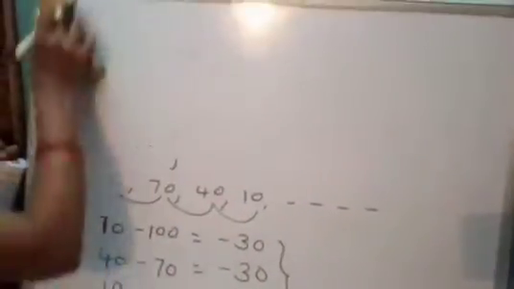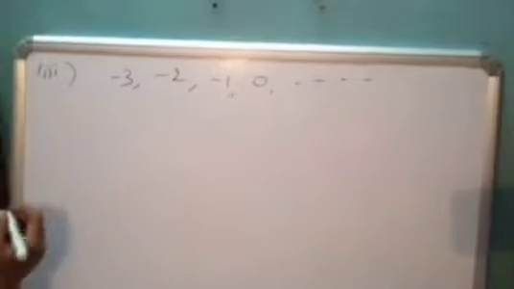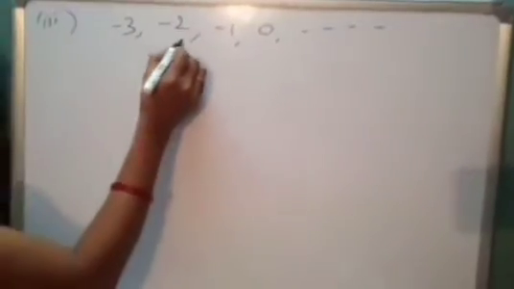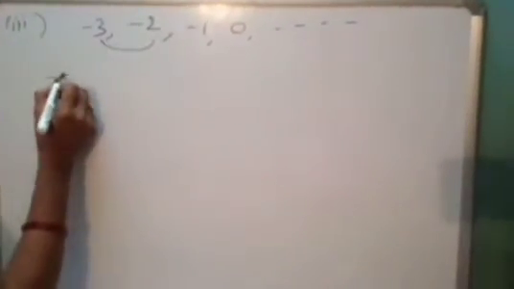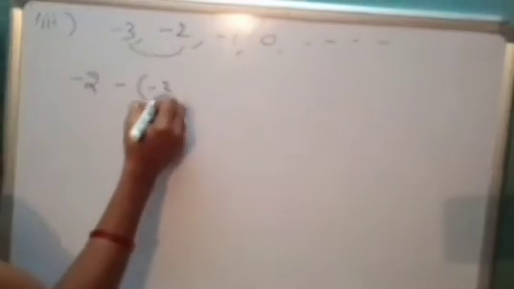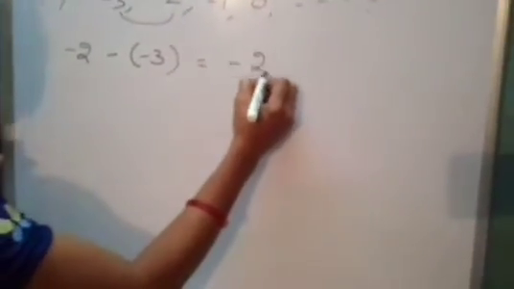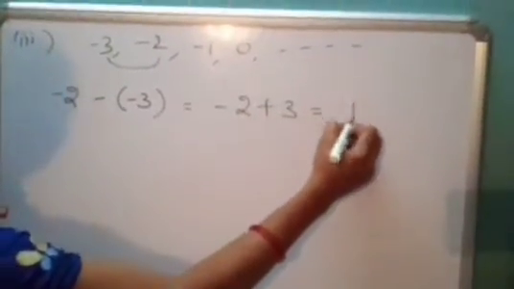Next, the third one: minus 3, minus 2, minus 1, 0 and so on. In this also, the difference of the second term and the first term is minus 2 minus (minus 3), that is equal to minus 2 plus 3 equal to 1.